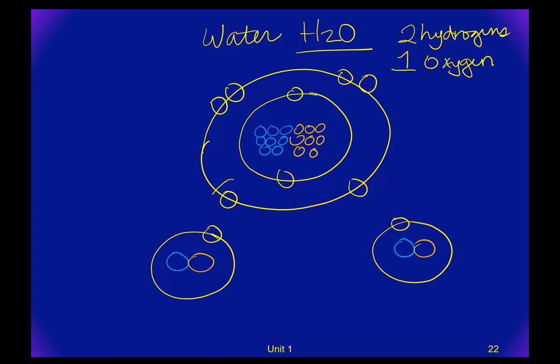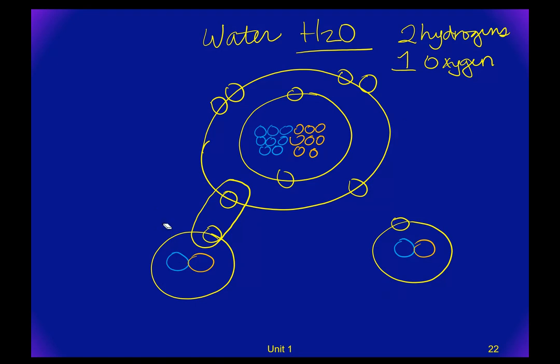Well, I can share. I can share here. Now, if I just do that, this guy is ecstatic. I have 1, 2 electrons in my first shell. I'm good. This guy, however, is not, because I have 7. I don't have 8. And this guy is also not happy because I have 1, not 2.